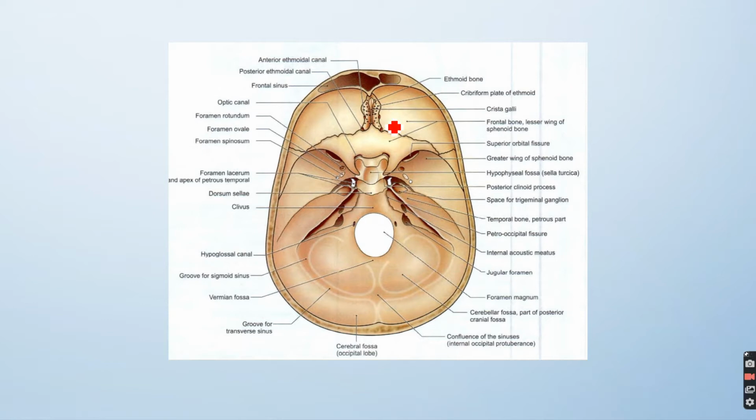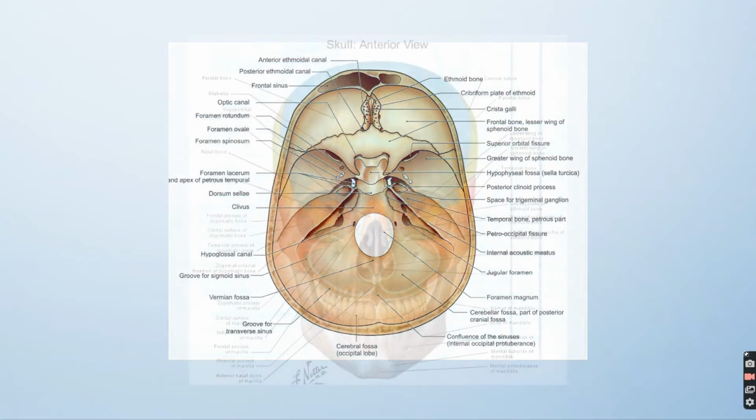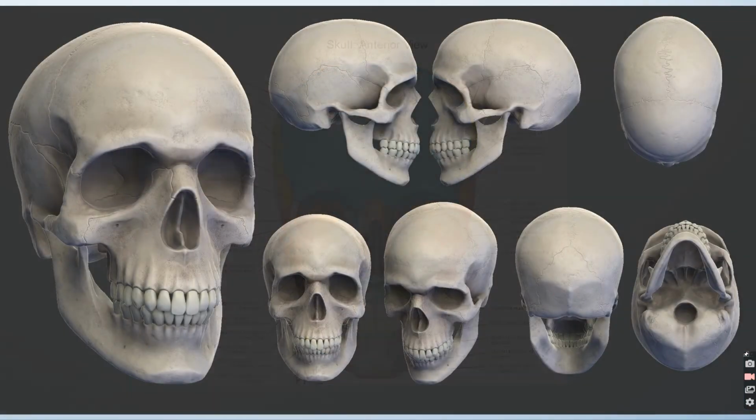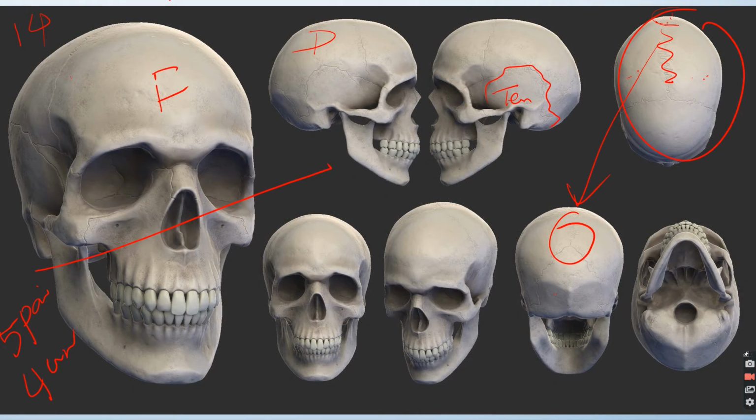You see a bone here, the ethmoid. This is again unpaired because it is single. So we have one ethmoid and one sphenoid. The 4 unpaired bones of the calvarium are frontal, occipital, sphenoid and ethmoid.